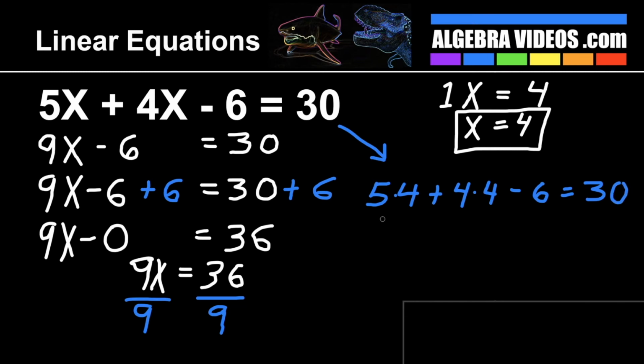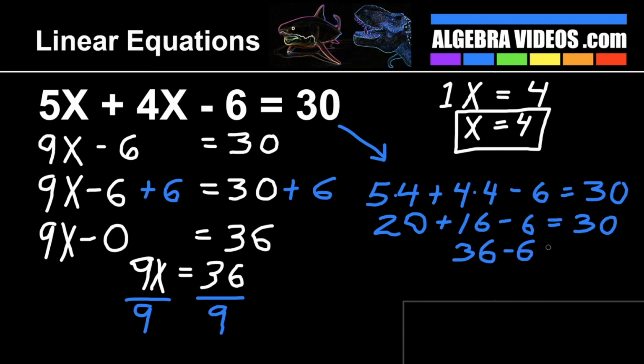So now 5 times 4 is 20. Plus 4 times 4 is 16. Minus 6 equals 30. And we'll just continue to simplify. 20 plus 16 is 36, minus 6 equals 30.